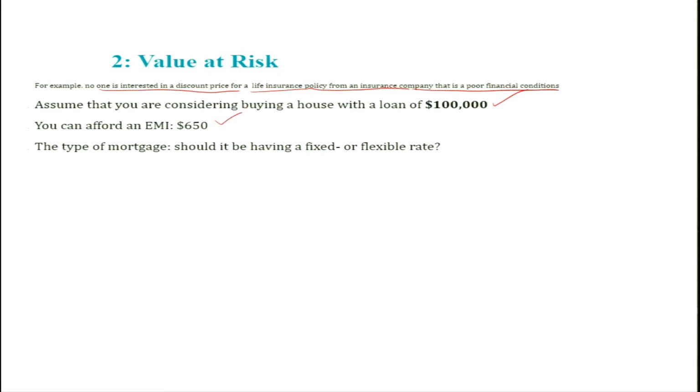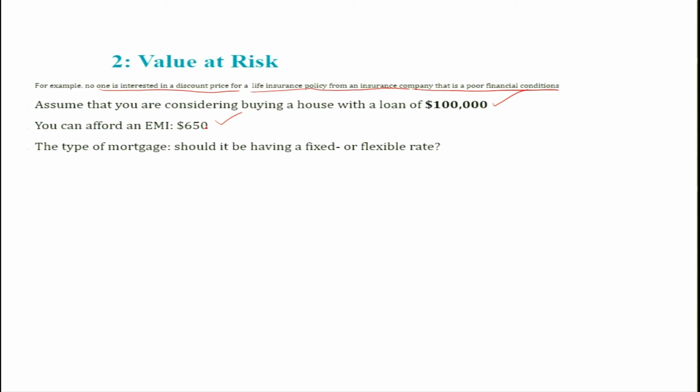Given your salary, you can afford a maximum of 650 per month. The question is the type of mortgage. You find a nice house and can afford only 650, but when you take a loan, you need to decide on the type of mortgage.